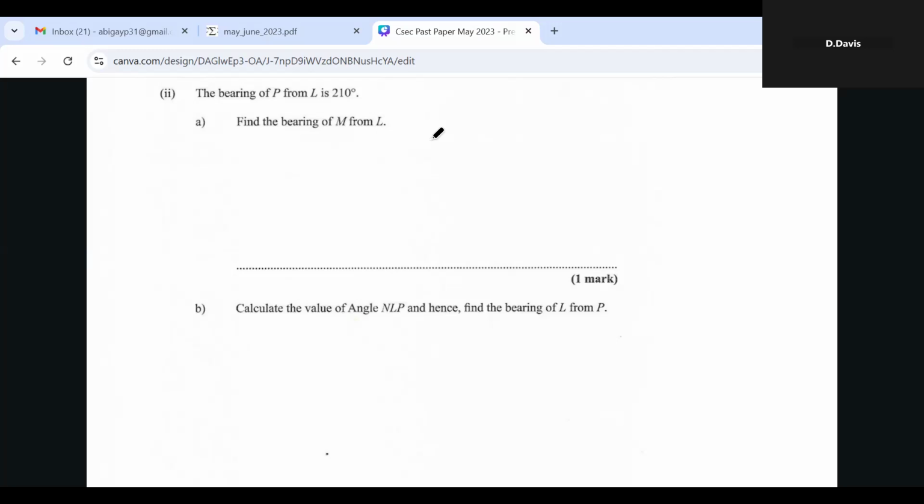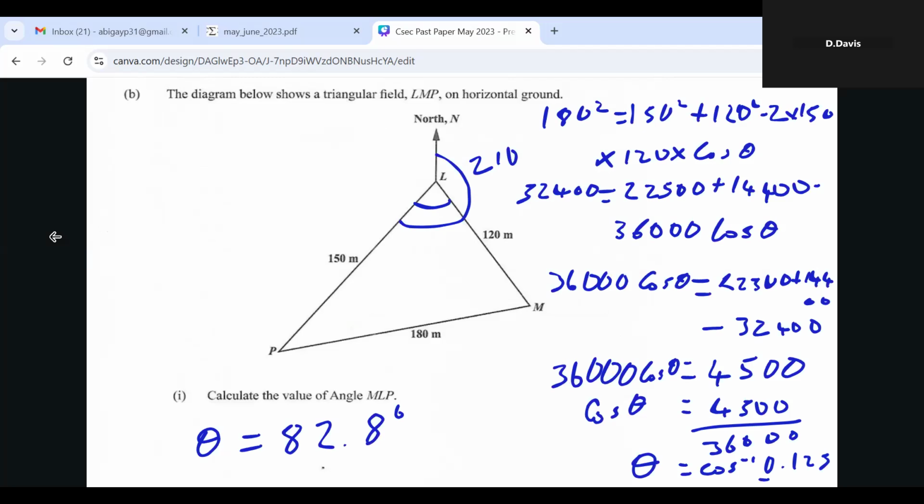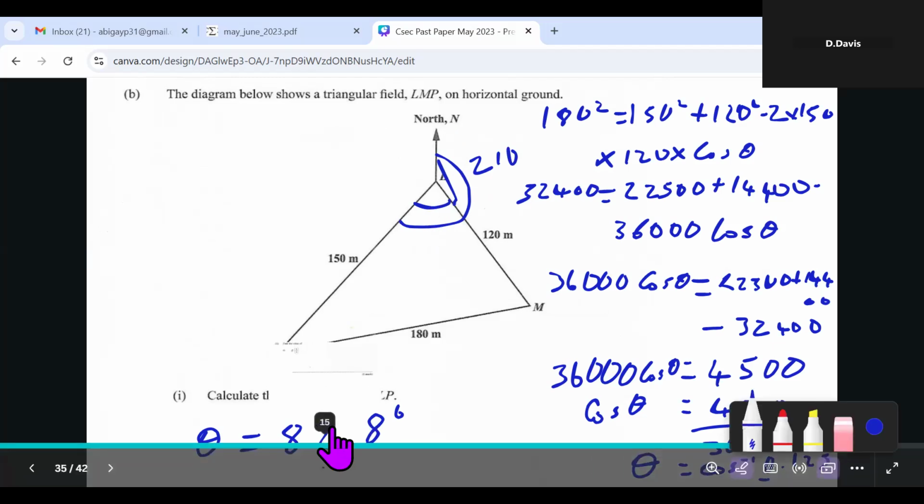L. From L to M. Oh, okay. So it's just right here they want. This one. So from here to here. So we already know what here is, which is the 82.8. All we're gonna do is subtract it now to find the answer.